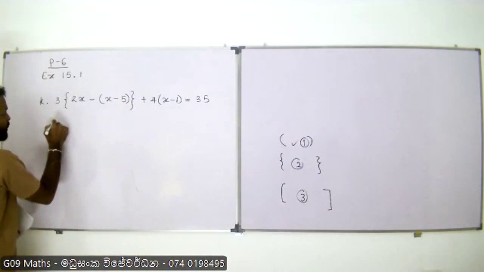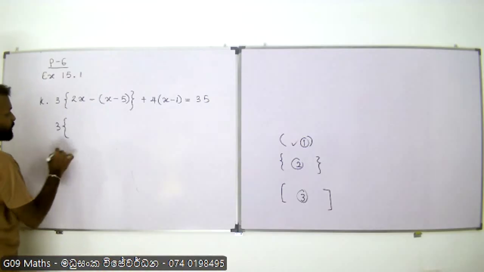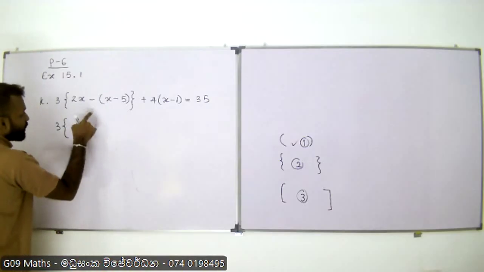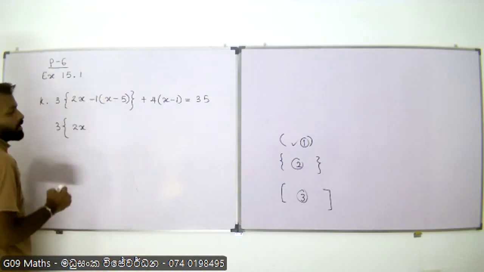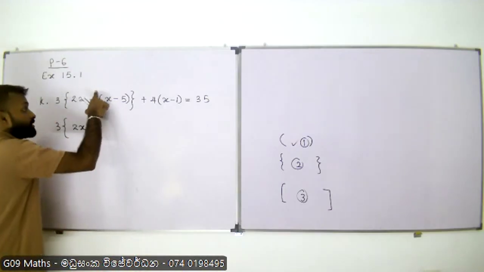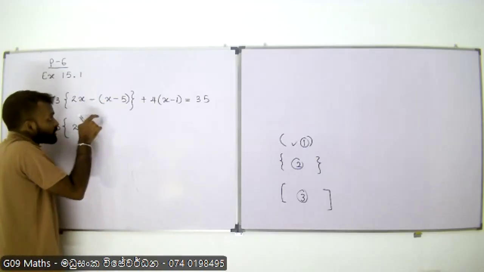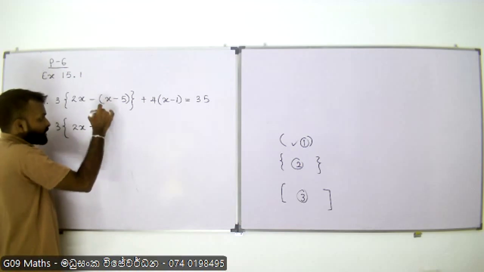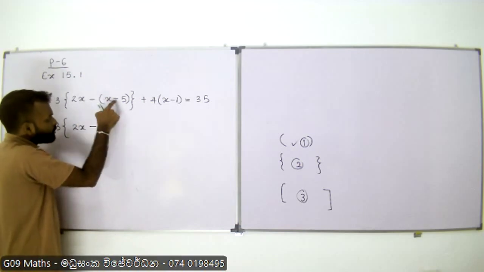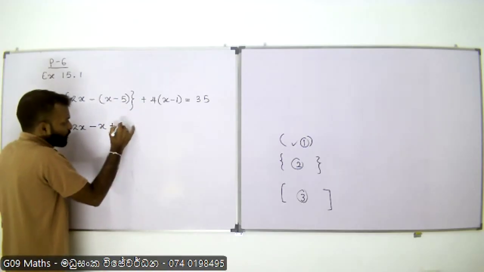So I am going to rewrite the same thing as it is using curly brackets. 2x. Here you have minus 1 times x. Negative into positive, this is negative x. Negative into positive, so 1 times x. Negative into negative, positive, 1 times 5.